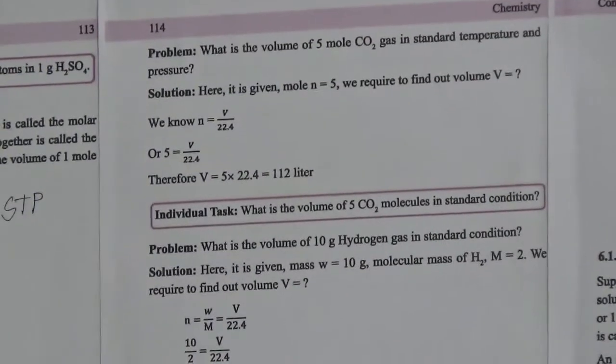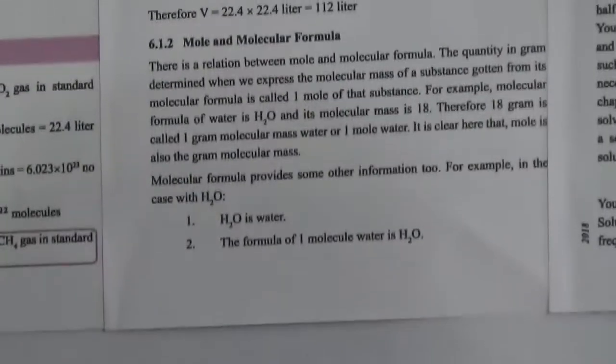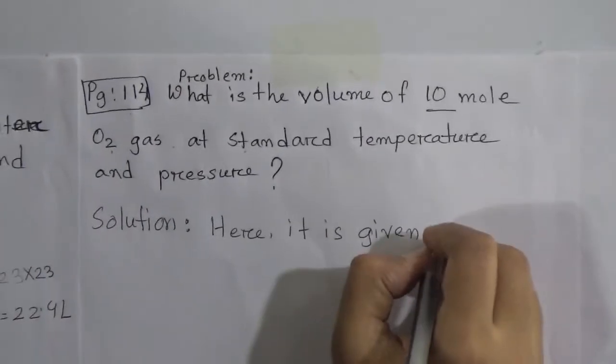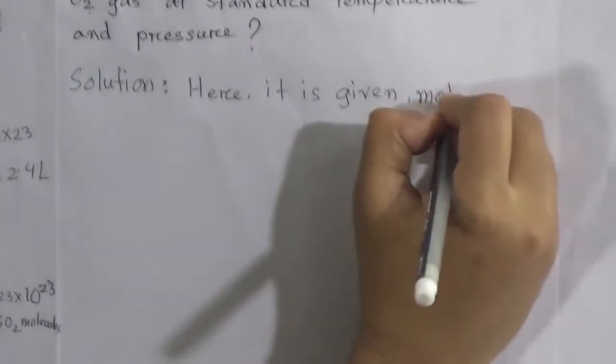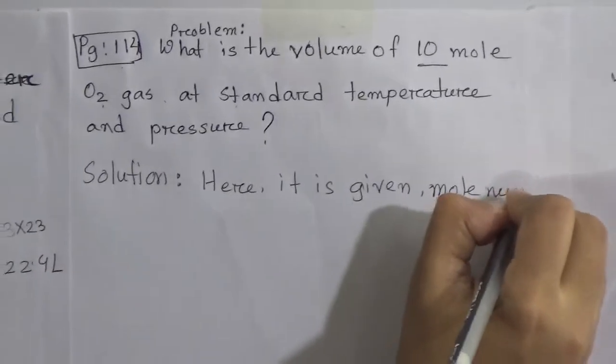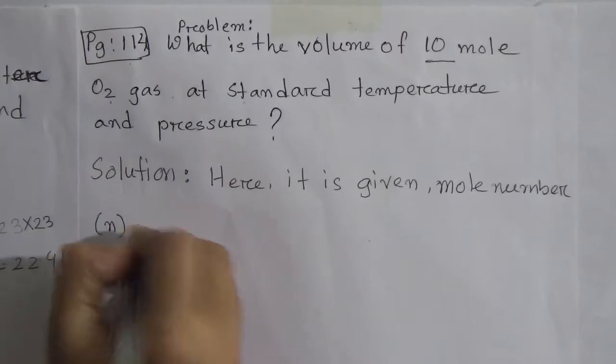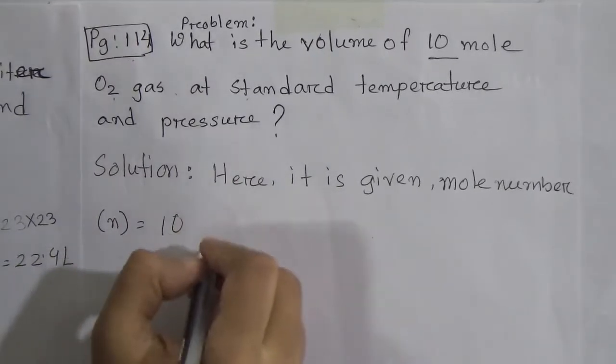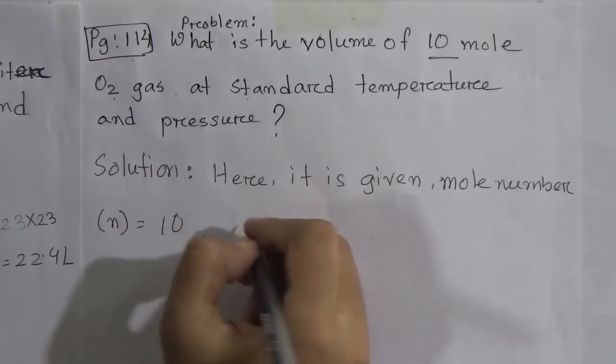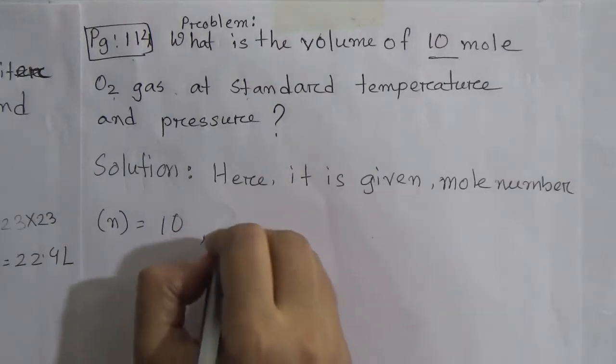It is given the mole number is 10. Small n is equal to 10, and we are required to find the volume.